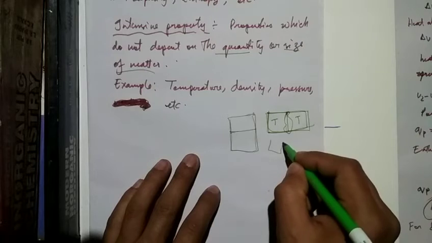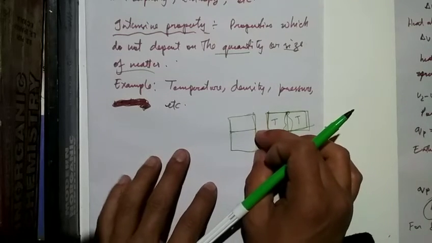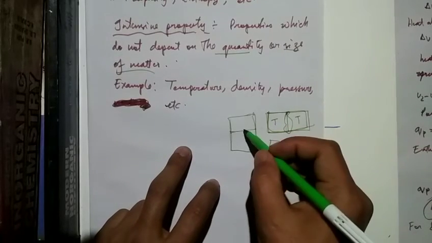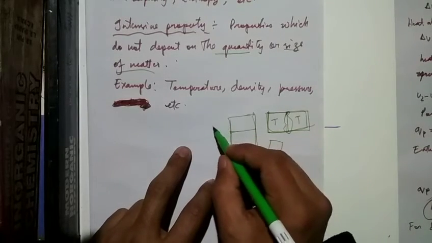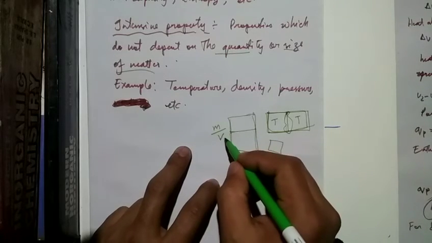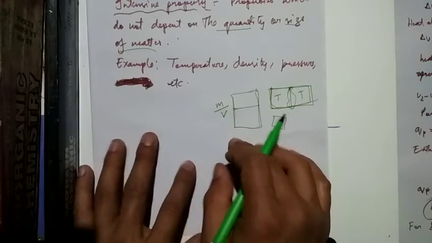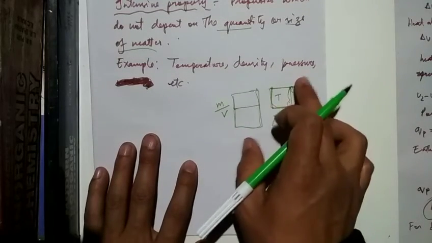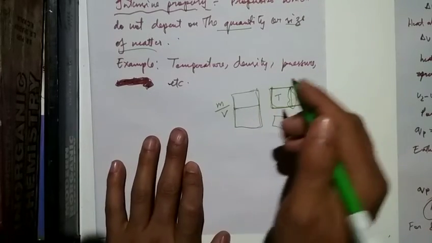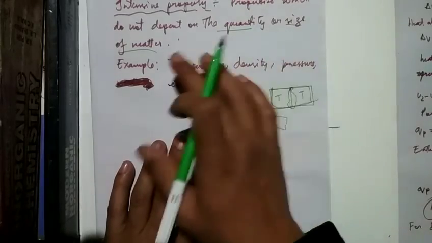Even if we take a small amount of water, the density will remain the same. You get density if you divide mass by volume. Now pressure also will be the same, it does not depend on the size or matter.